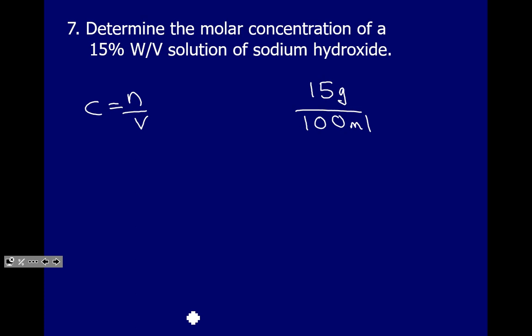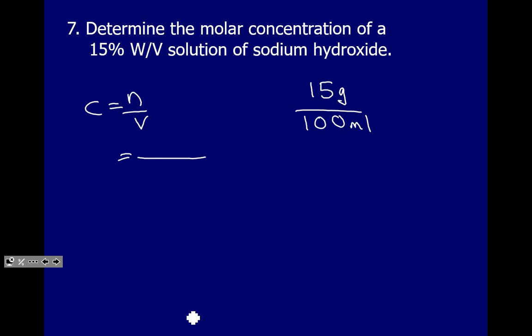What's the volume of the solution in this case? Nope, that's not a volume number. 100 milliliters. So I can put that in for V, right? That's the volume of the solution. But I don't put it in as 100 milliliters.